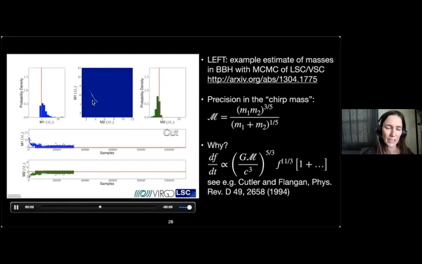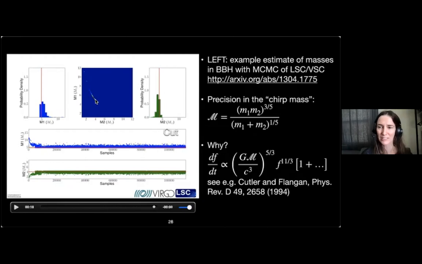What you have here is a very precise combination of M1 and M2 called the chirp mass that is precisely recovered by this waveform comparison. That's because the frequency evolution of the strain as a function of time is, at leading order, driven by this particular combination of masses.